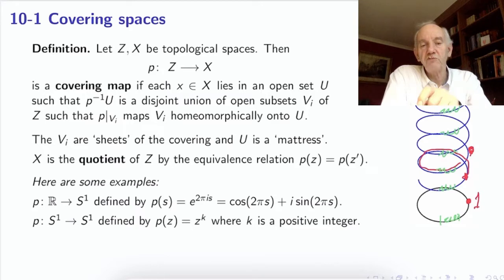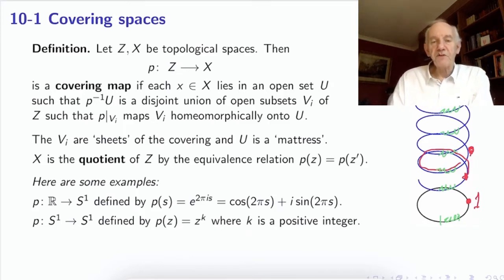But if you map to 0, only 0 to the power k maps to 0. So there would only be one point in the inverse image, not k, and you wouldn't get this bijectivity property. That would be an example of something called a branched covering, which is a covering apart from over certain points. But we won't be spending much time on that.